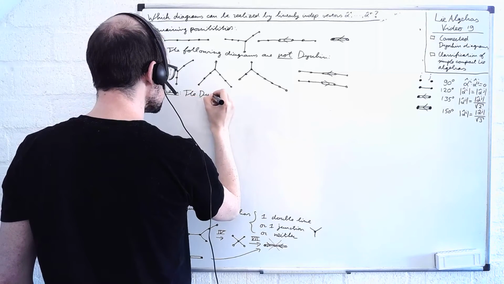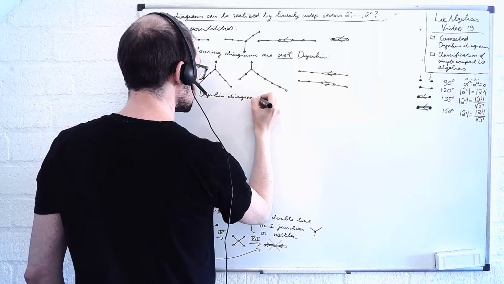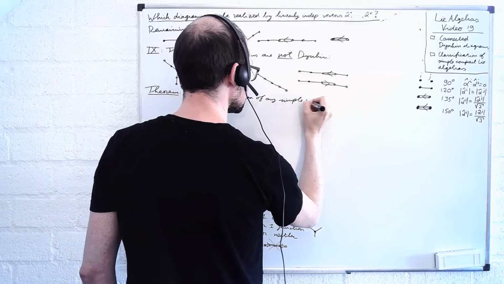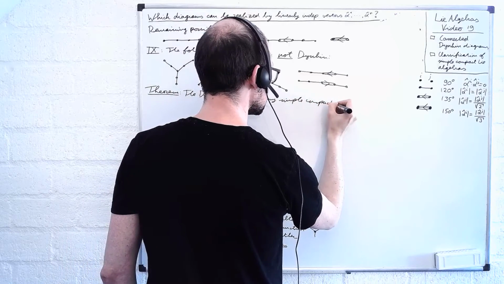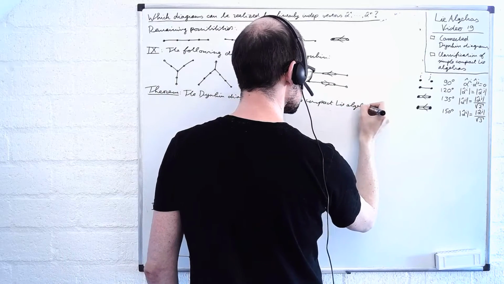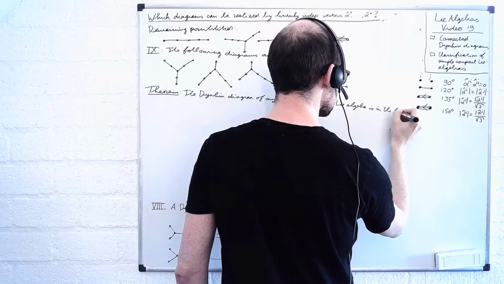The Dynkin diagram of any simple compact Lie algebra is in the following list.